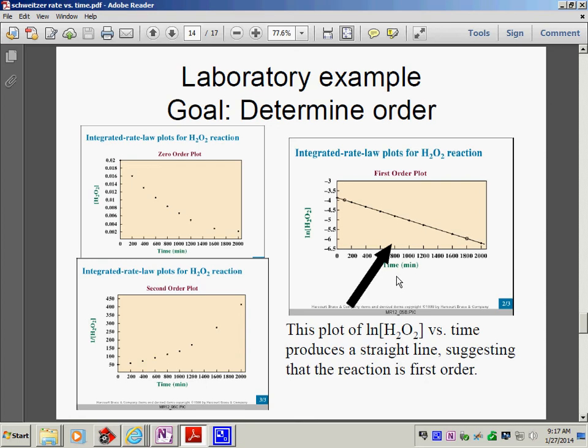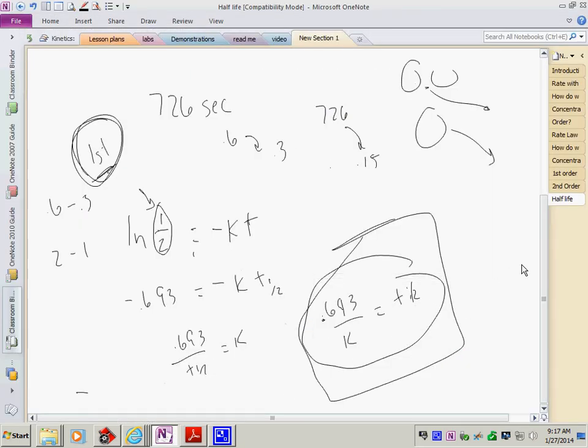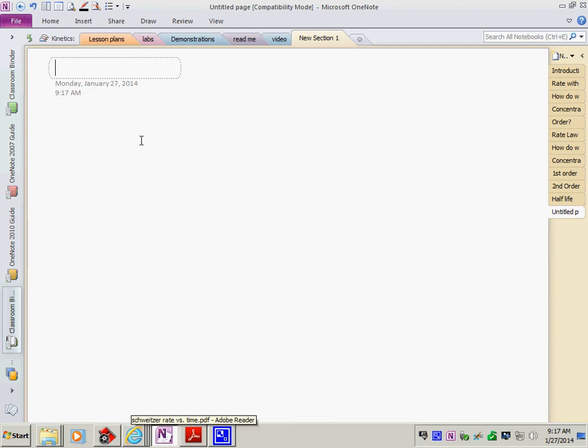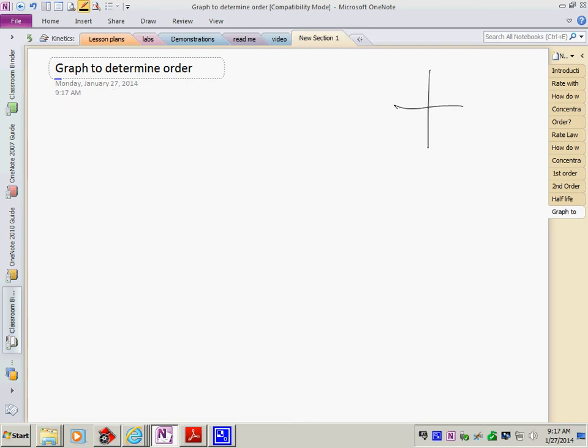Given a plot of data, and again, this is the last cog to being able to figure things out here. Graph to determine order. Someone just throws data at you. X data, time, all this stuff here.